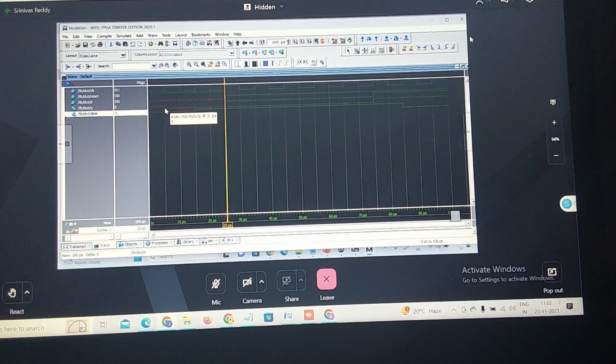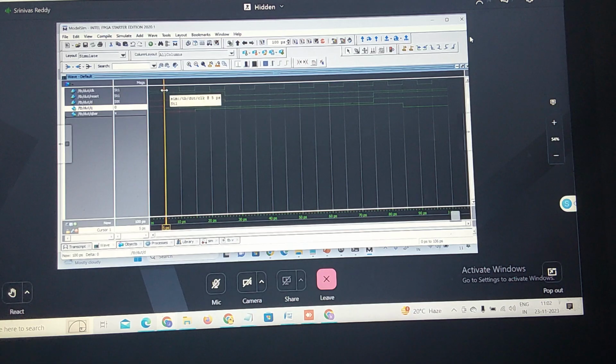But output Q changes at what? Whenever the rising edge comes. What reset is this, asynchronous reset or synchronous reset? This is nothing but a synchronous reset.